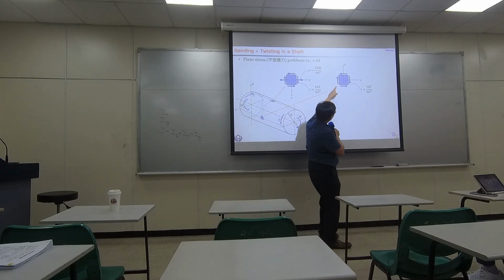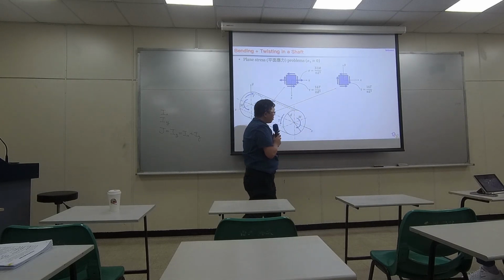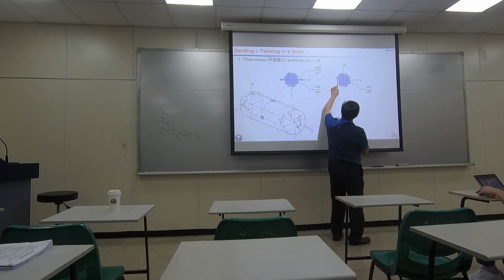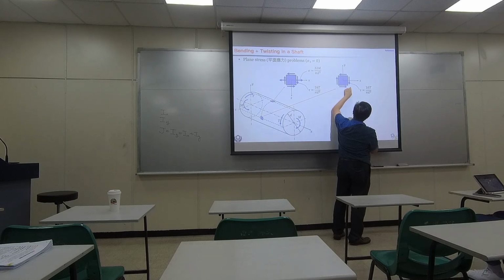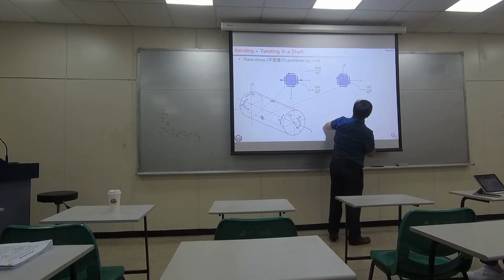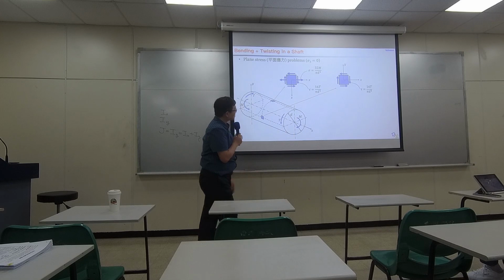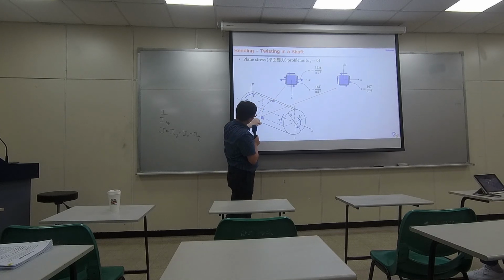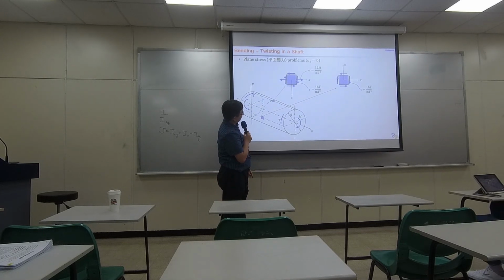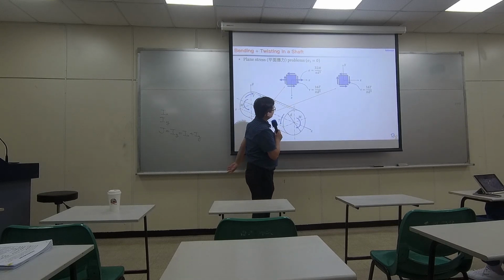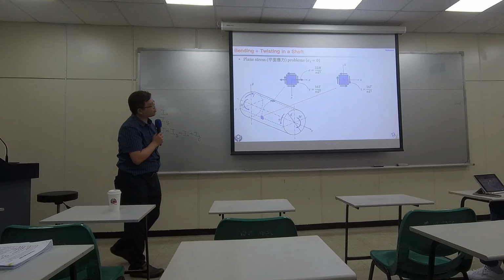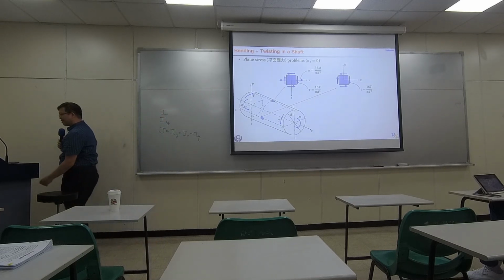And shearing force always comes in a pair. So when this goes up and this goes down, then this goes left and this goes right. It's exactly the same everywhere surrounding this shaft. That's why the shearing stress is exactly the same. Make sure you know how to get this.